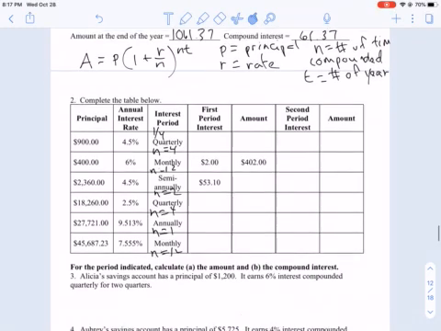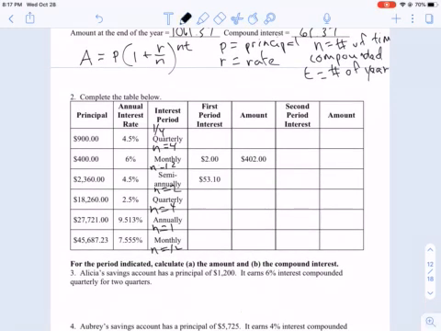If we're talking about the first period, well, you've gone 1/4 of the way through the year. Same thing here. If we're looking at our second, you've gone 2/4 of the year. So notice the number here and the number here are the same. And these are the same. Well, if we're looking at our first month, that's 1/12.